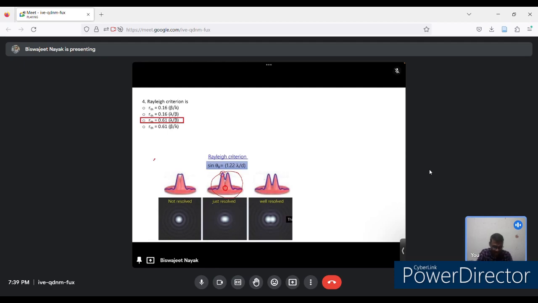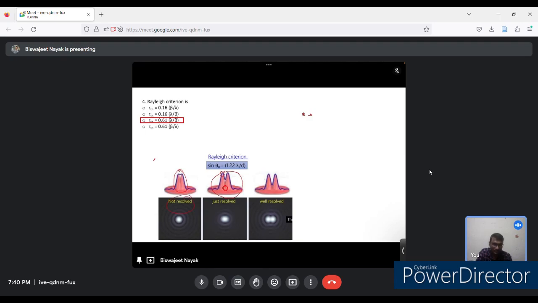In this case, we have two points and we want to resolve them, right? For each point we get one diffraction pattern. So if the two points are too close, then the diffraction patterns are basically overlapping, so we won't be able to differentiate them.